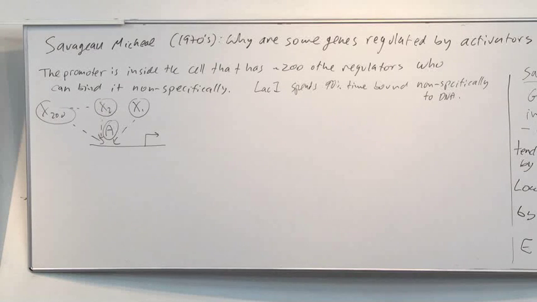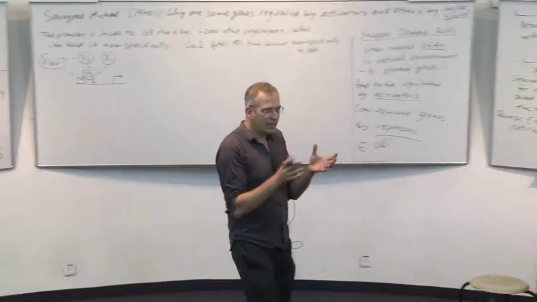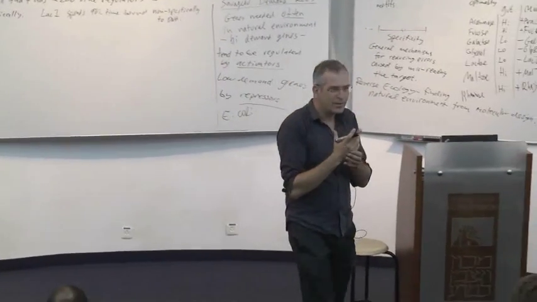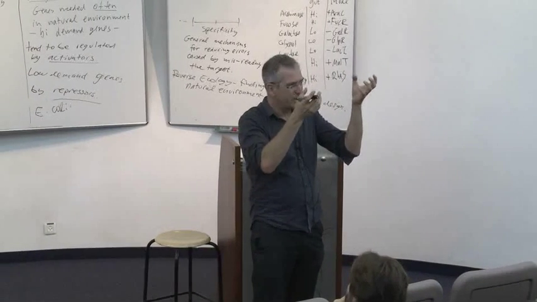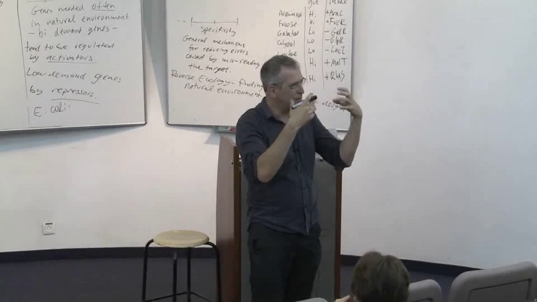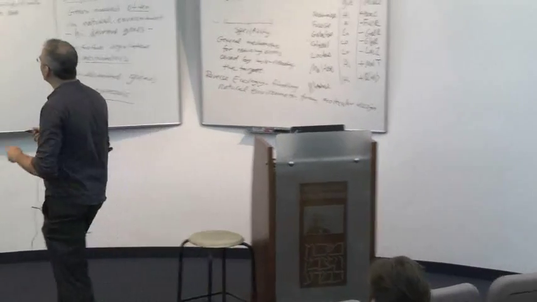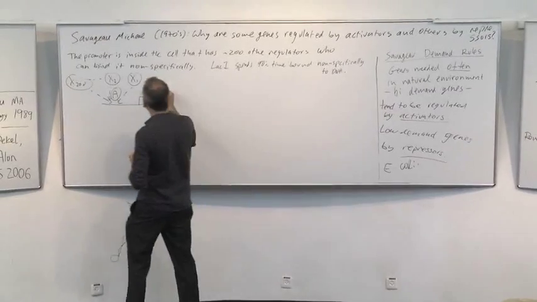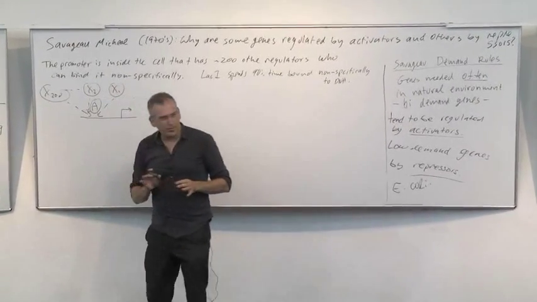And in each condition, the activity profile of those 200 transcription factors, whether they're in their active state or inactive state, or whether they're in their DNA binding state or not, changes. So you can't even predict what will be the chemical profile of those transcription factors, because it's not only their existence, it's also their activity. That's a problem.